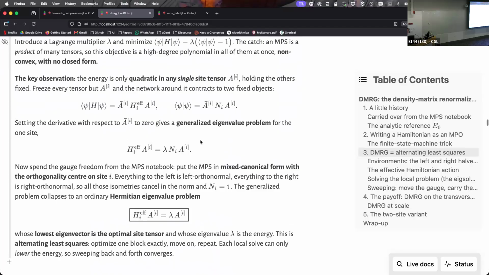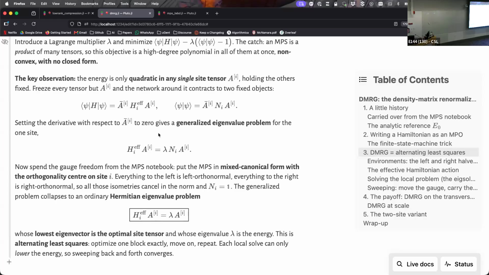And what is even further important is that if I now go to the correct gauge, let's have a look at where this generalized eigenvalue equation is coming from. On the left-hand side, I just project this entire equation with my MPO and all of the MPS tensors fixed on the left and right, and I contract everything except for the tensors that I'm allowed to vary. On the right-hand side, I do the same for my norm network.